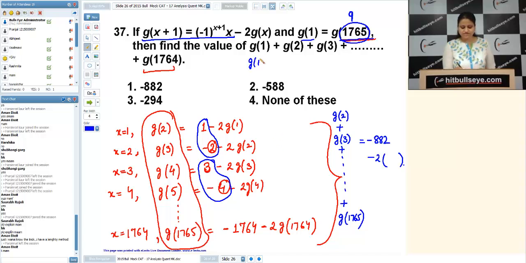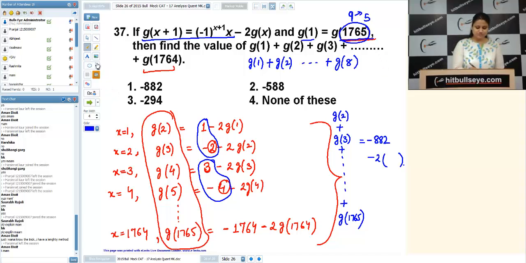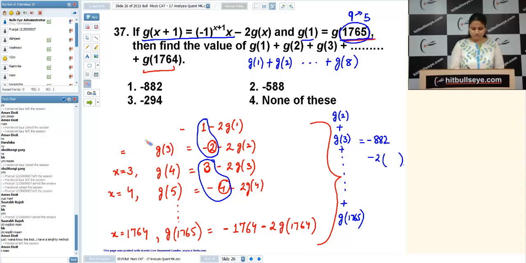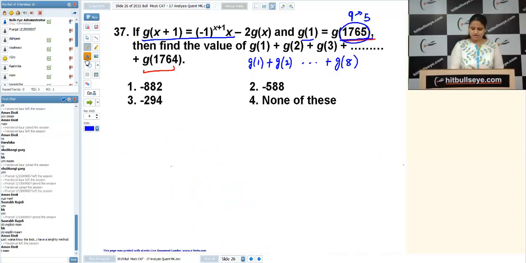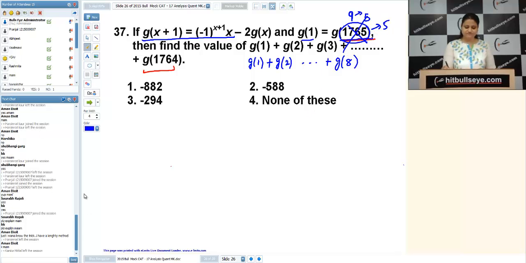So my question in this case will be G1 plus G2 plus so on up to G8. Instead of 9, you could try a smaller odd number. Let us take 5 here. So my question will be, let us go by a smaller method. Instead of this 1765, I'm taking 5 here. So my question will be, find the value of G1 plus G2 plus G3 plus G4.